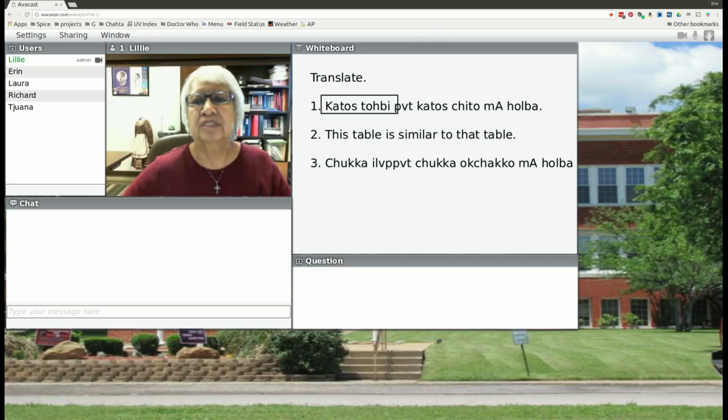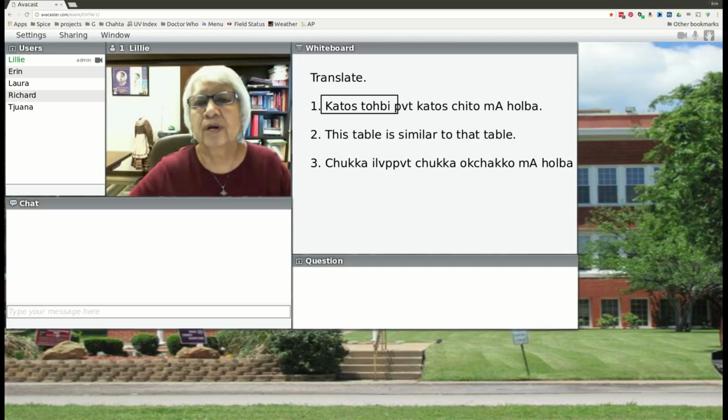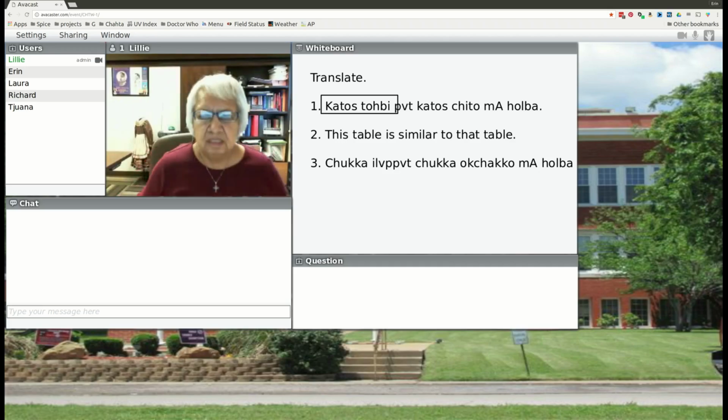This table is similar to that table. Here again, we're starting out with this table as the subject of your sentence. Anumpa pat or Anumpa elapat. And for the word similar, ulpa.